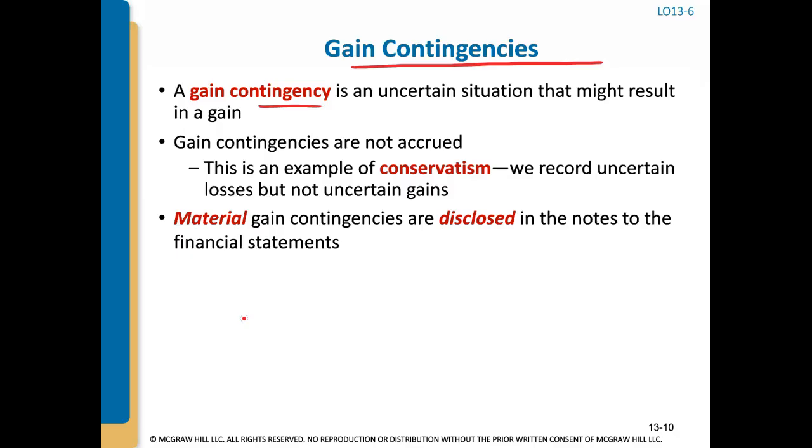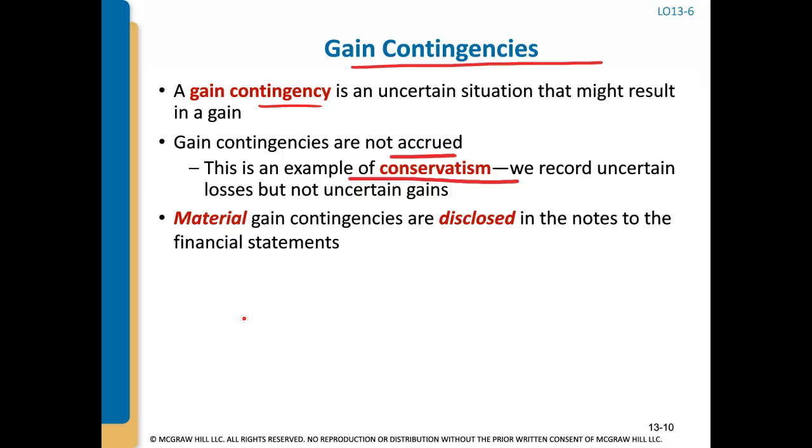No matter how much we think the likelihood of the event will occur, even if we think it's probable that we are going to win and get money, $100 million, let's just say, gain contingencies are not accrued. We would not record a receivable for it and therefore record revenue or income for it. And that's because of conservatism.